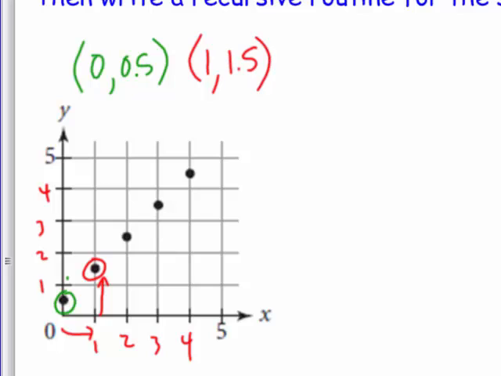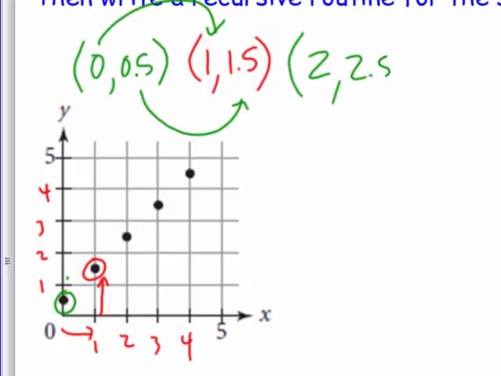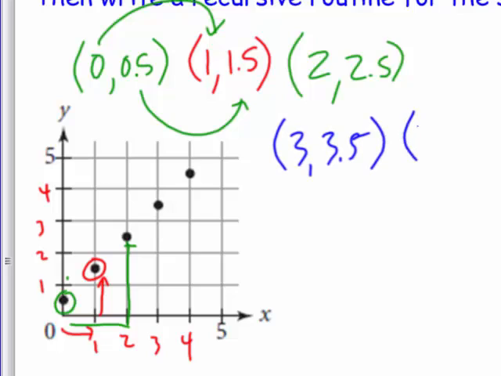Do I notice the pattern already? Hopefully we do. My next point would be 2. Every time I go up 1 in the x, I go up how much in the y? Another 1. So this should be 2.5, I'm guessing. Over 2, up 2.5. Yep, so I should be able to finish this out now. Then I got 3, 3.5, and 4, 4.5.